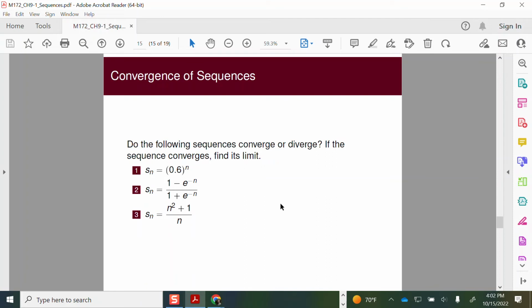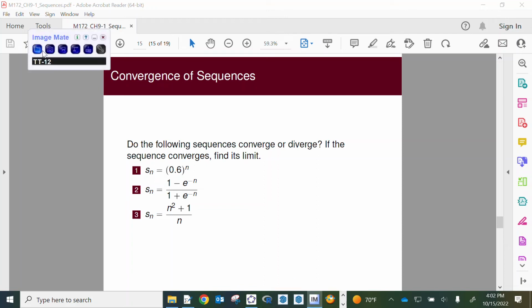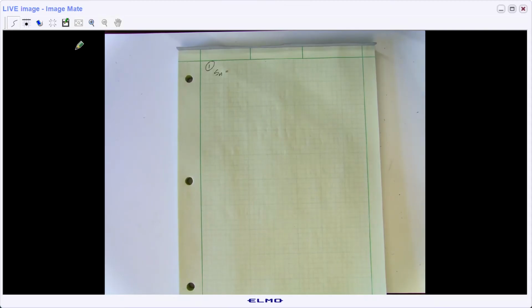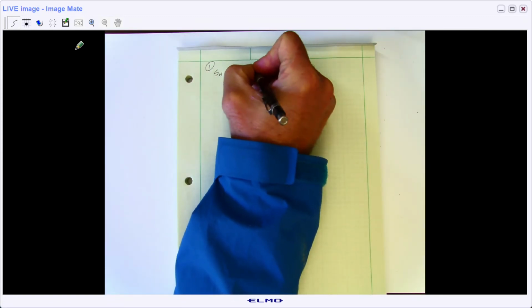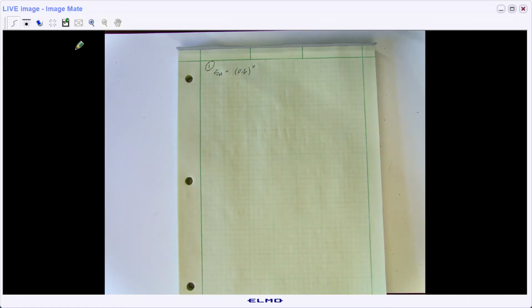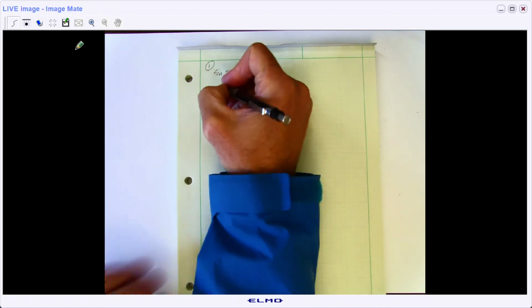And I'll write the first one down. So this is number 1. I'll go switch over to my ElmoCam. So 0.6 to the n, and the question is, does it converge or diverge?